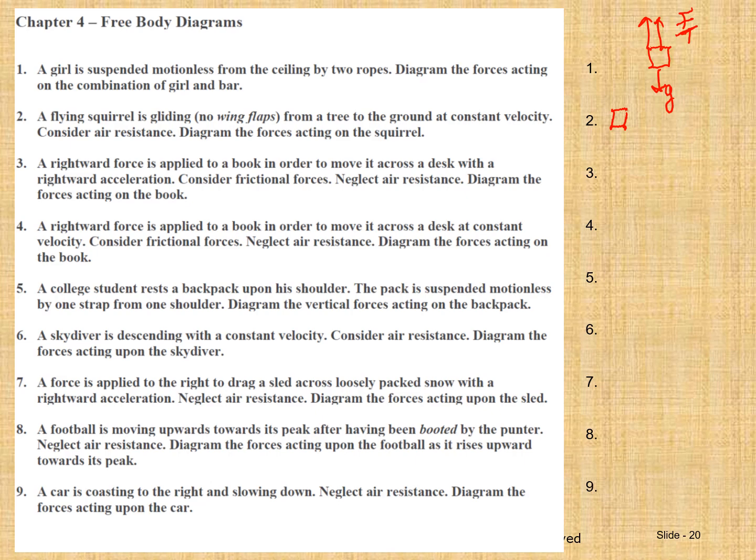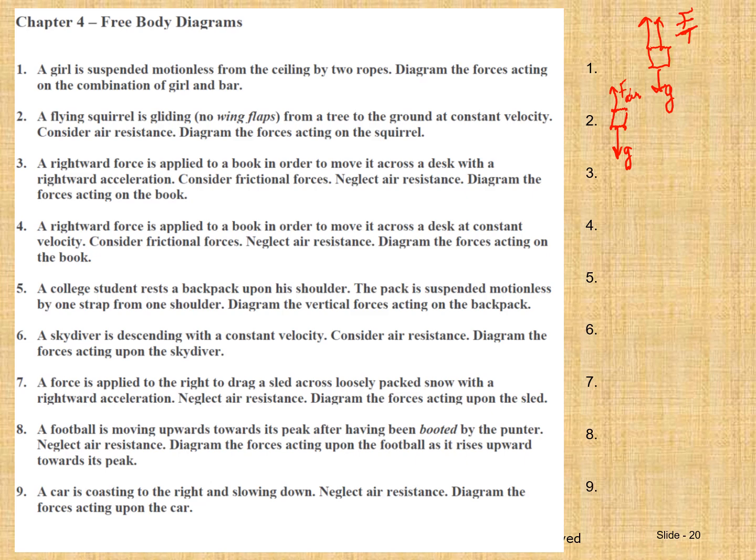If the squirrel is coming down, then the air is a force that's moving upward. So let's put force of air. And then gravity is pulling that squirrel downward. Okay?